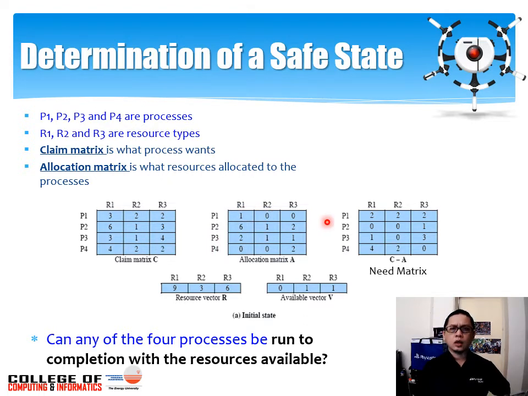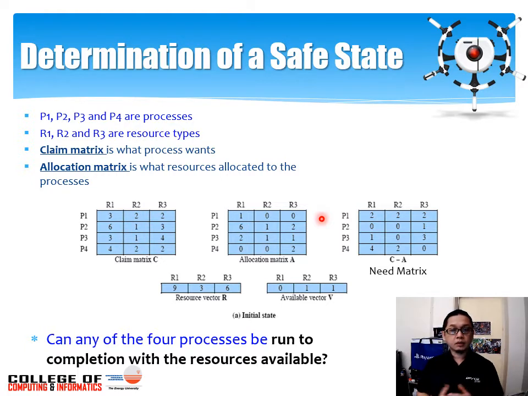So how do you use this table in determining whether a state or the execution of a process is safe or not? The question is, can any of these four processes be executed until completion with the resources available and based on the requests they made to the resources? So how do we do the calculation?